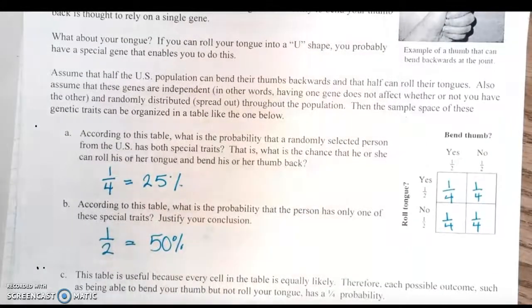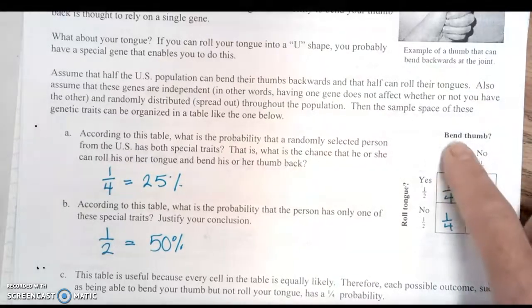So for part A, it says, according to this table, what is the probability that a randomly selected person from the U.S. has both special traits? That is, what is the chance that he or she can roll his or her tongue and bend his or her thumb back? Okay?